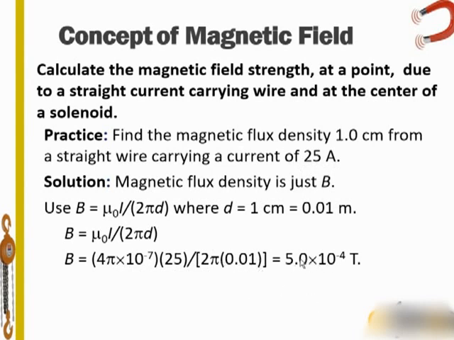If we do the calculation, we get the value for the magnetic flux density equal to 5.0 times 10 to the minus 4 Tesla. Okay, so that is the magnetic flux density at a point 1 centimeter from a straight wire carrying a current of 25 amps.